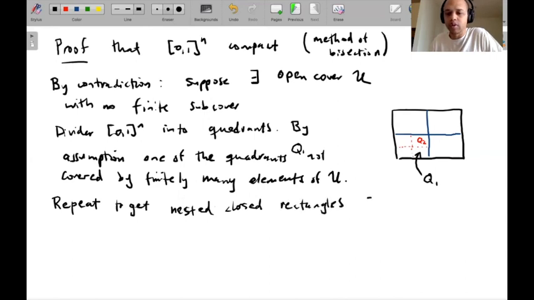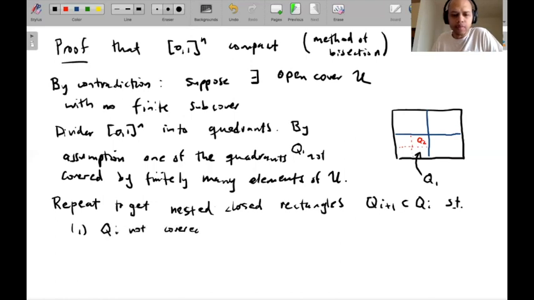They're cubes, but okay. Q_{i+1} is in Q_i, with the property that, first of all, Q_i is not covered by a finite subset of U.